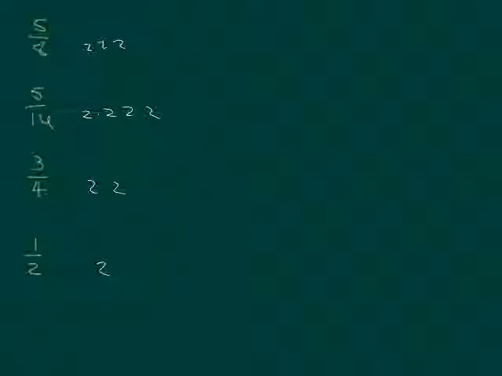Alright, so now we're going to look and see our 2's occur 3 times here, 4 times here, twice here, and once here. So the place it occurs the most is right there, and the rest of them can go away. So this multiplied together is 16, so that's your least common denominator.